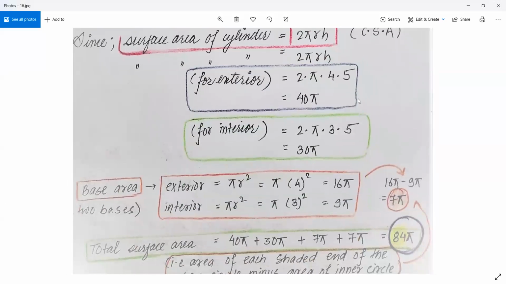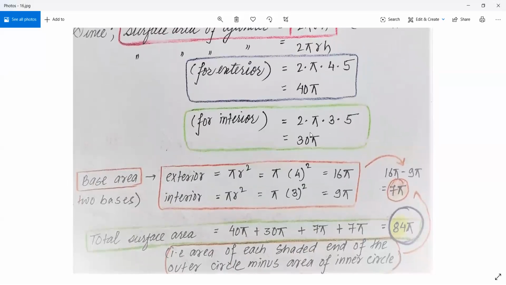For the exterior curved surface area, that is 40 pi, and the interior curved surface area is 30 pi. When you add, that is 70 pi. And again, when you add 7 pi for one base and 7 pi for the other base, you'll get a total of 84 pi. The question says the whole area, adding both curved surface areas, interior and exterior, and both ends, will yield k pi, and we have got 84 pi.